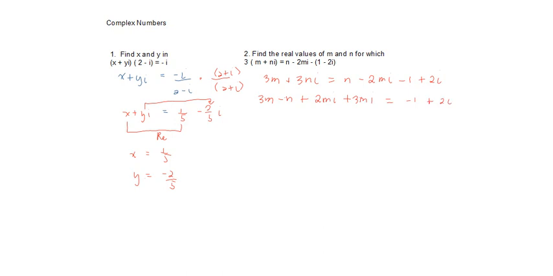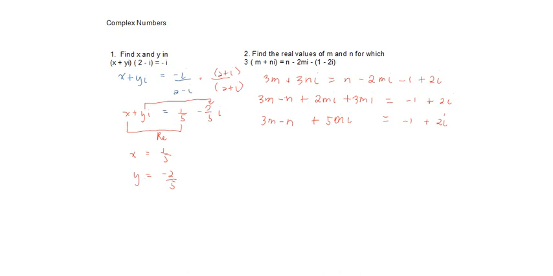Okay, we can put this together. They don't have the i in their terms. So we can have 3m minus n. Then combine this, equal to 2m plus 3n i. And this is equal to negative 1 plus 2i.